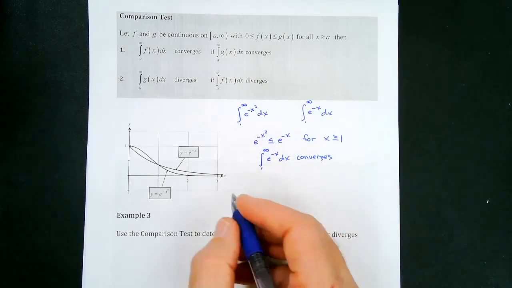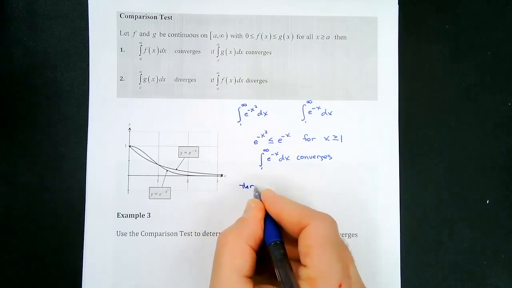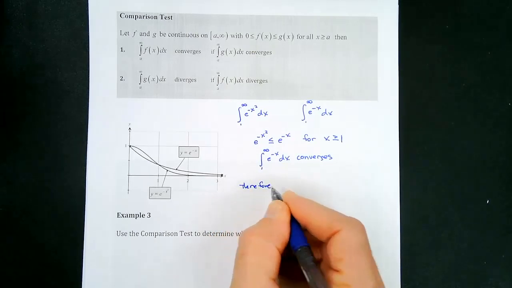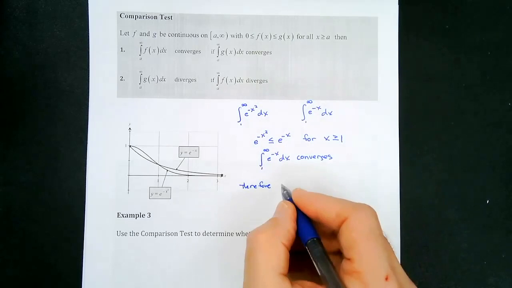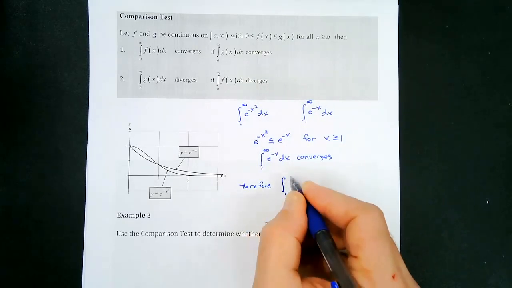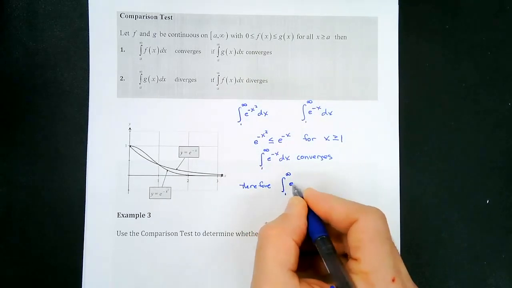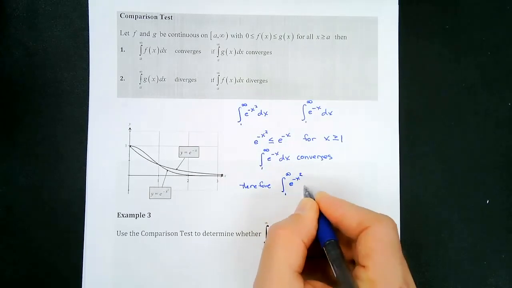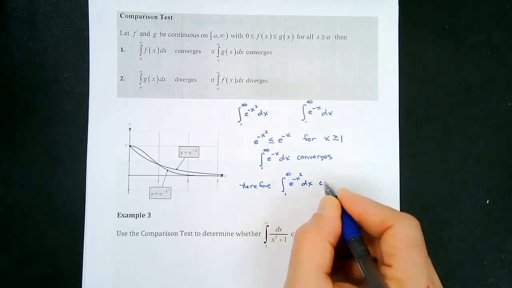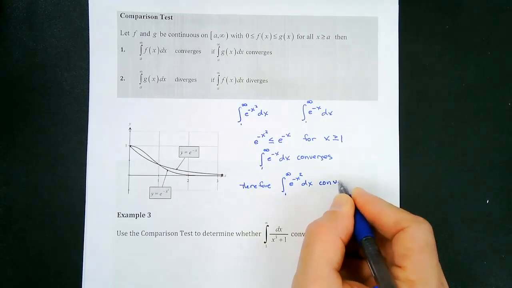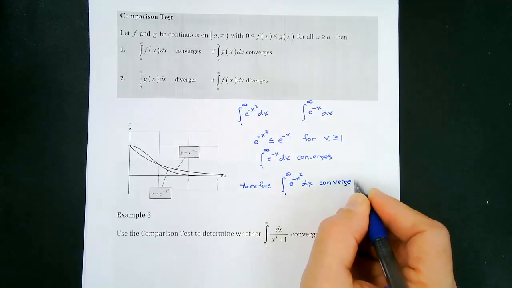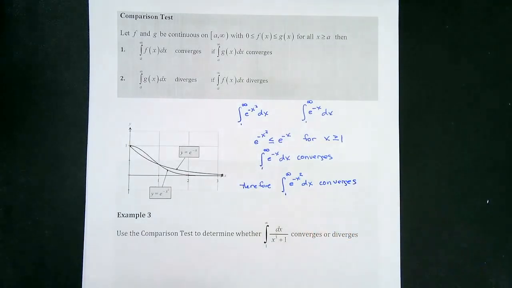So we can make the conclusion, using this comparison test, that the integral from 1 to infinity of e to the negative x squared dx converges. It doesn't tell us what it converges to. It just says it converges. In other words, we could get a value out of it.